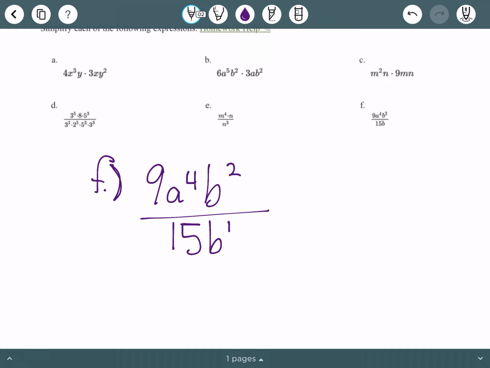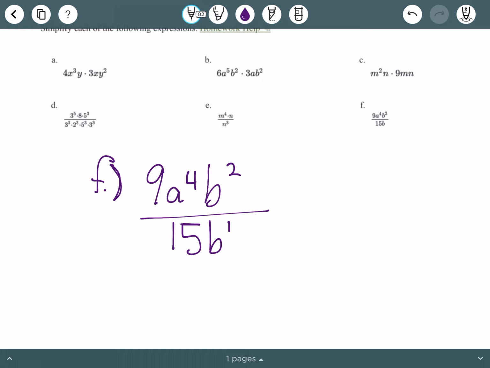So where we could start for this is, let's see, we can do b to the second and b to the first. We can go ahead and subtract those.